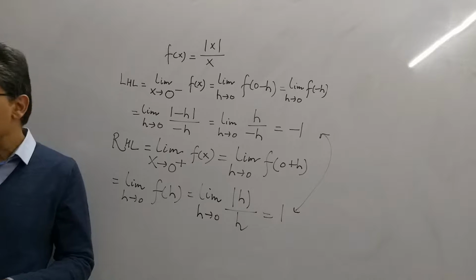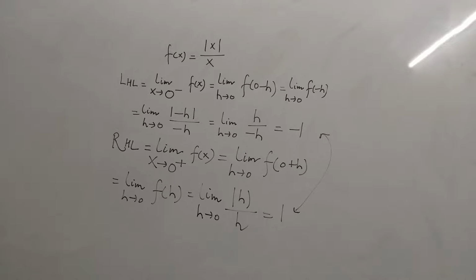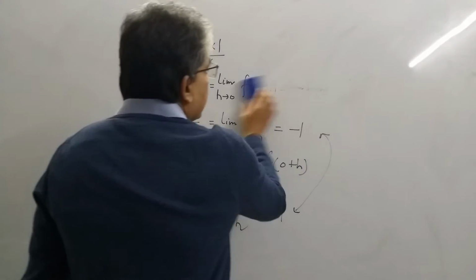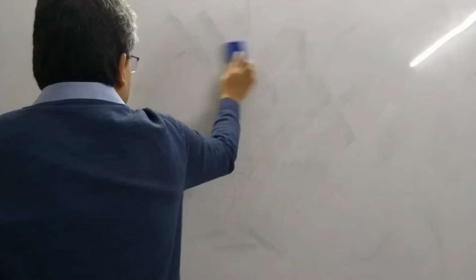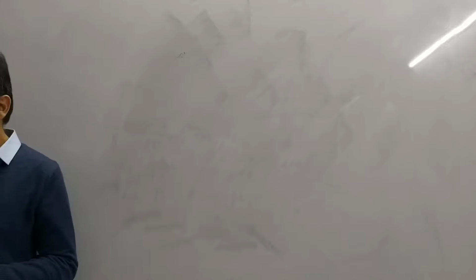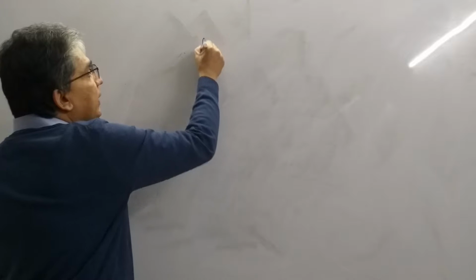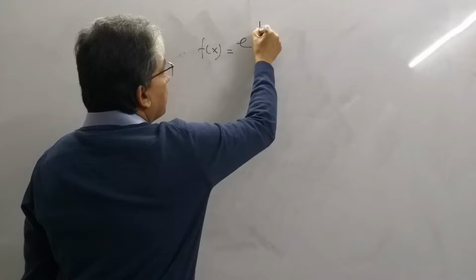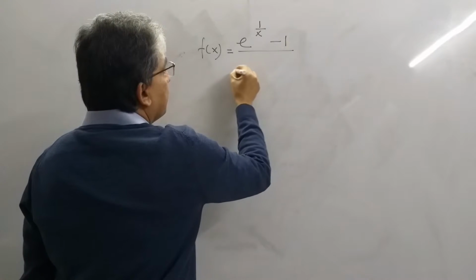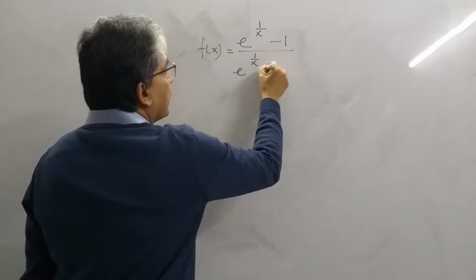So this was one case where the limit does not exist. Now one more example when the limit does not exist, but we have to check it. I'm taking a function f(x) equal to e to the power 1 upon x minus 1, divided by e to the power 1 upon x plus 1.